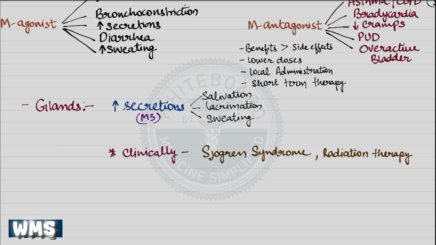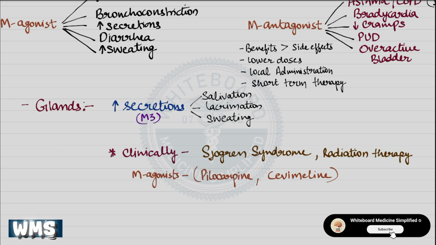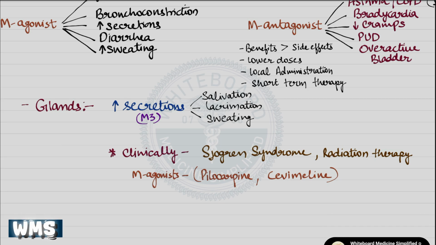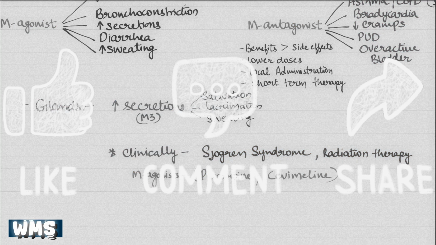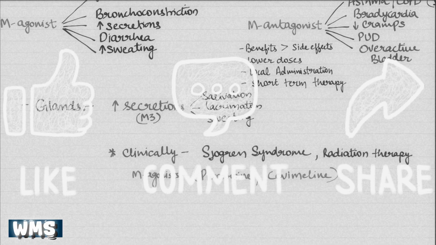In such cases, drugs like pilocarpine and cevimeline, which are muscarinic agonists, result in increased salivation and lacrimation. But keep in mind their non-selective nature. That's why we use them carefully and in controlled doses. In some situations, local administration, such as topical pilocarpine in the eye, helps minimize systemic side effects.